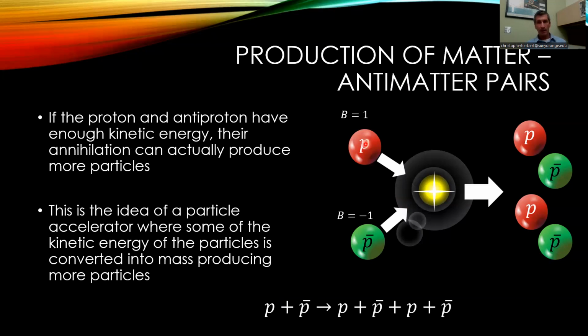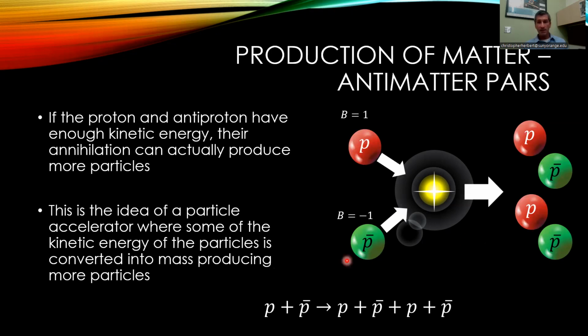We know that if there's enough kinetic energy here, that kinetic energy can be converted into more matter. In fact, we can imagine this is the type of reaction that could take place in a particle accelerator. And of course, the result here is we not only have a proton and an antiproton leaving the reaction, we might have an additional pair, which is allowed.